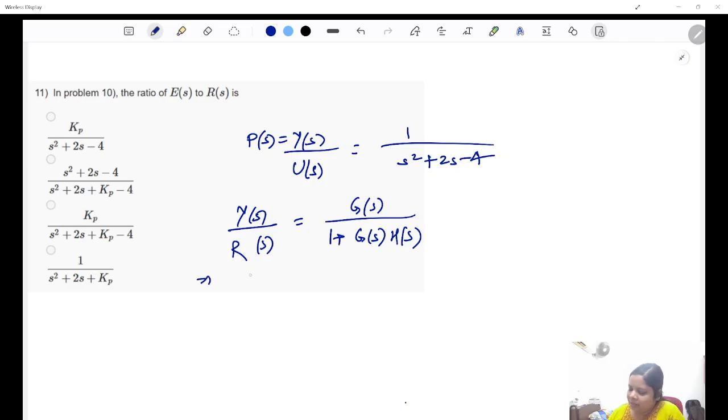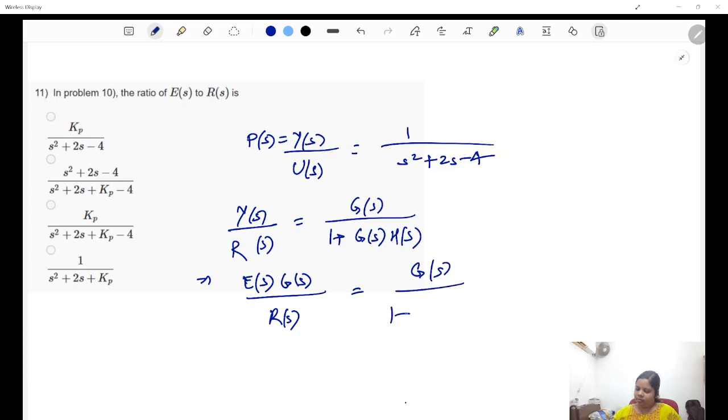YS can be written as ES into GS, right? Any confusion in this? If there is, then I'll go back to the block diagram. Tell me if you have any confusion in this statement.